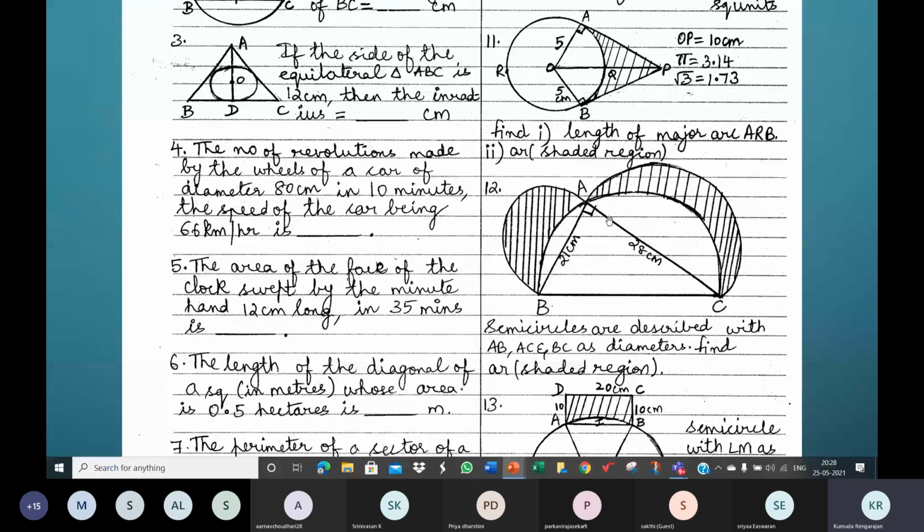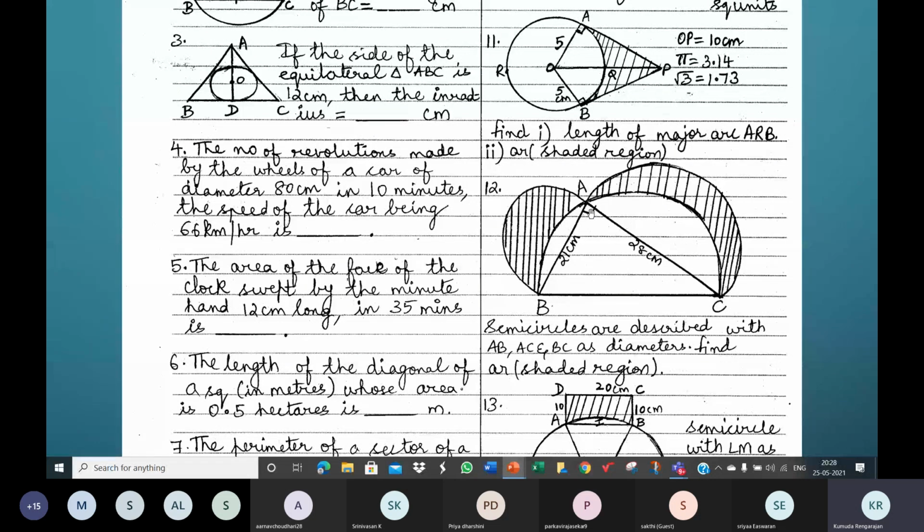So in other words, ABC is a triangle. Even if it is not given, it's a right triangle. Since I've marked, ABC is a right triangle with each side of the triangle as diameter. Semicircles are described. That's what this situation is.